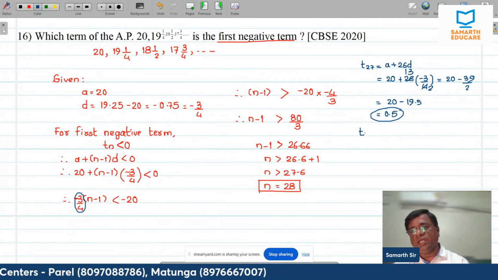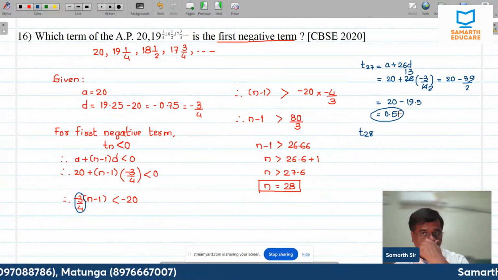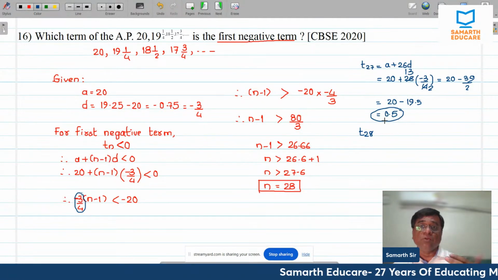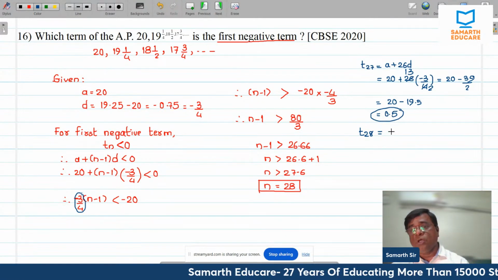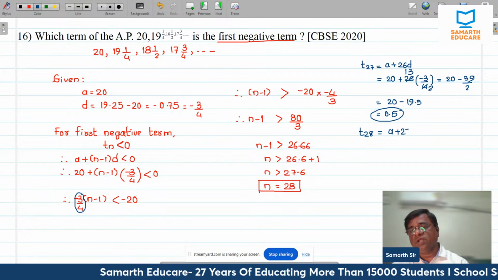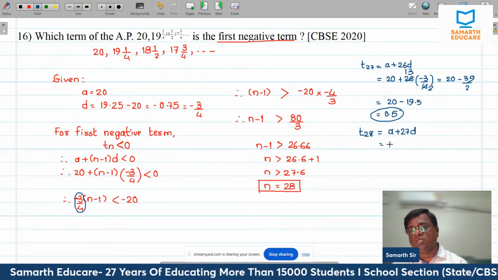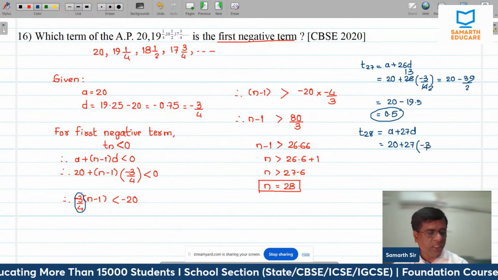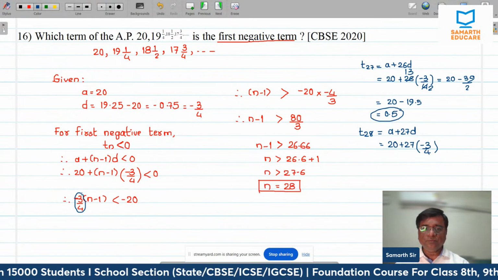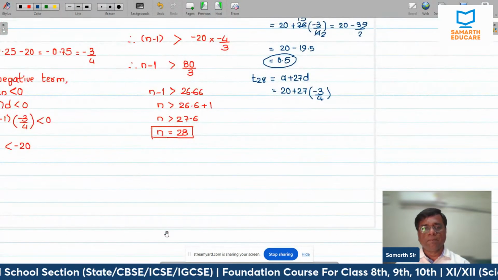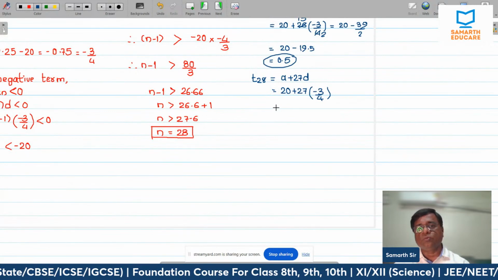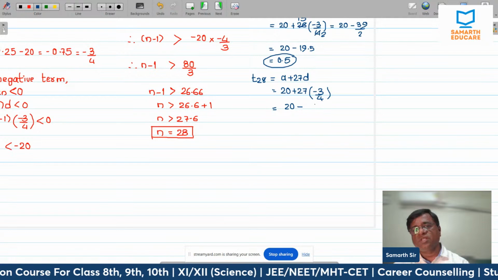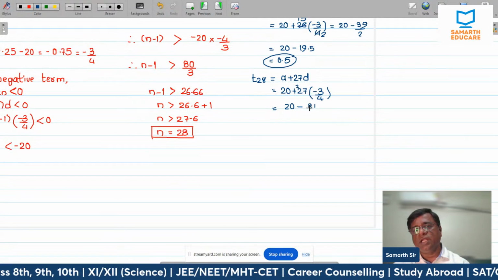But let me find T28, because T27, the nth term, is still positive, and T28 is the term after it. Now that is A plus 27D. Let me try to find out this. A is 20 plus 27 into minus 3 by 4. Okay, now that is equal to 20 minus 3 sevens are 21, 3 to the 6, 81 upon 4.